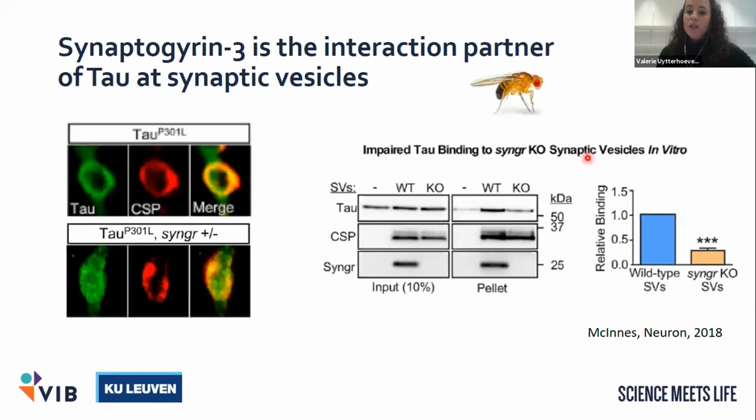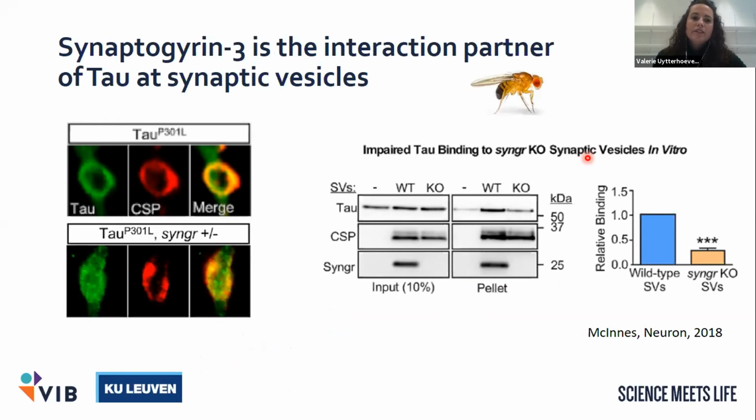So we know that tau can interact with synaptic vesicles, but what is the interaction partner of tau on synaptic vesicles? So to find out what the interaction partner is, we performed a mass spectrometry with purified synaptic vesicles that we incubated with tau and then lysed and sent for mass spec.